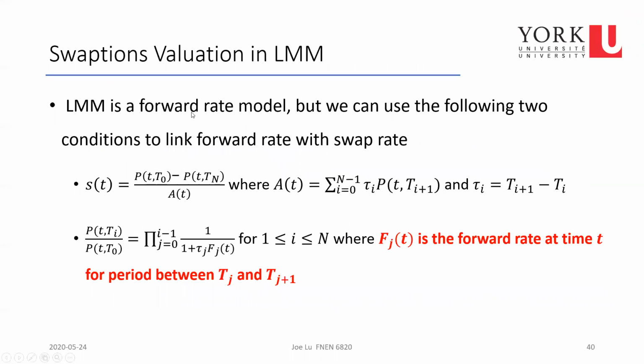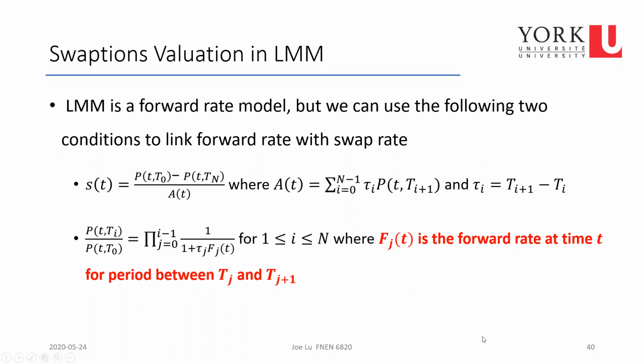Now, in order to utilize the closed form formula with some flexibility injected by the LIBOR market model, we'll see that we basically need a connection between the swap rate and the forward rate that we generated from the BGM model.